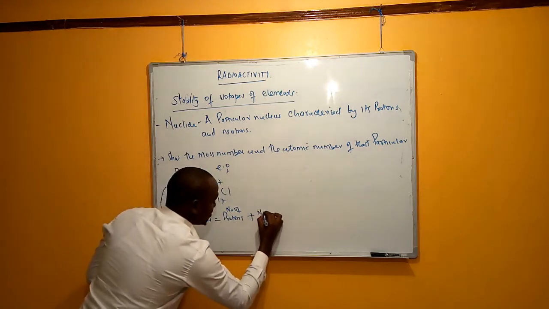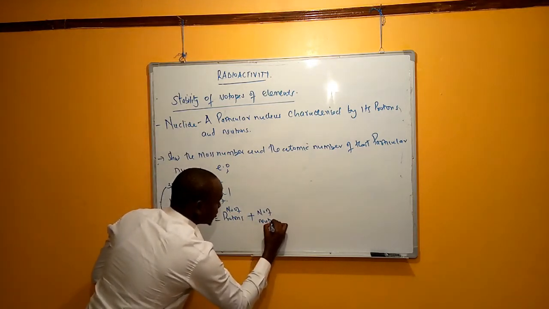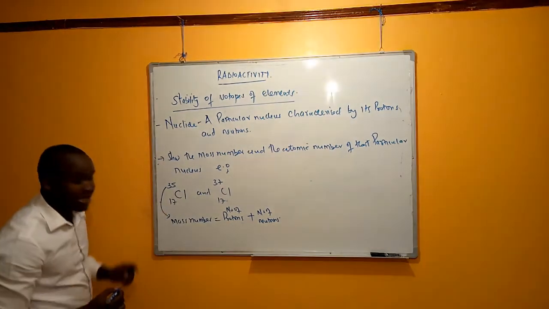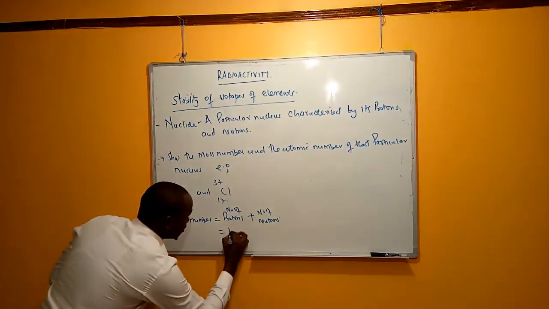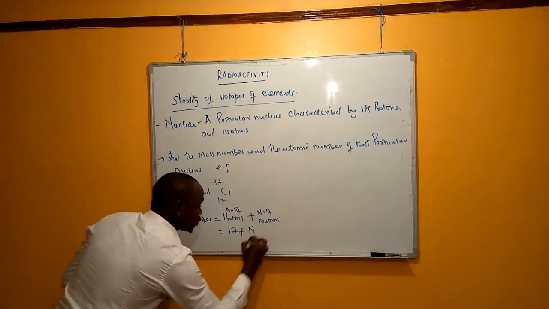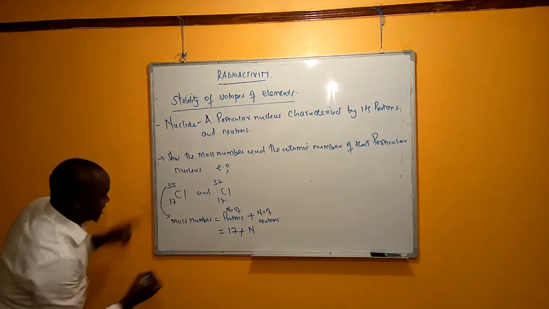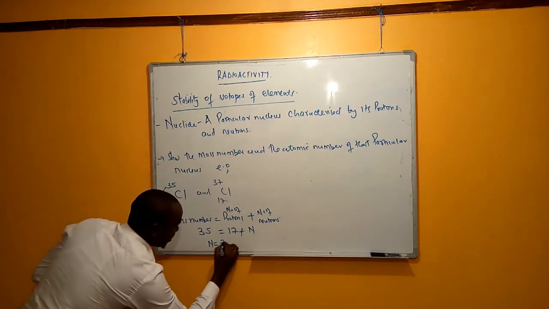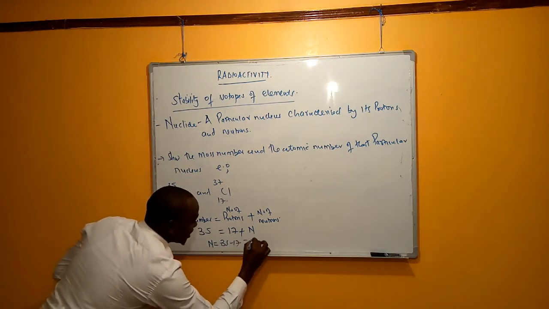And since from this particular nuclide we already know that the atomic number is 17, it has 17 protons plus neutrons. We don't know how many they are, but the mass number here is 35. Therefore, we can get our number of neutrons to be 35 minus 17, which is 18.